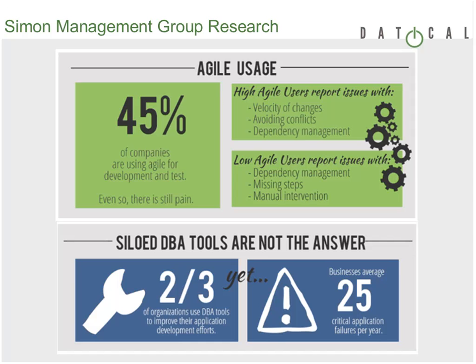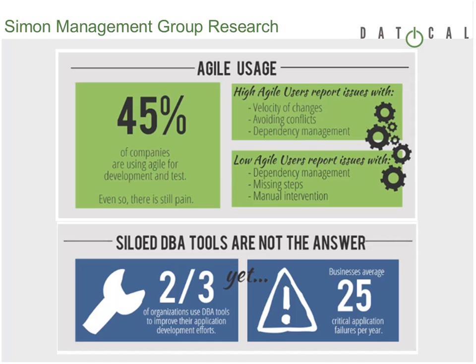We saw the same prevalence of issues whether a company had adopted agile development methodologies or had not. The problems are slightly different, but they are still significant. So it seems that agile is not a magic bullet. It's not a panacea that can really solve this problem.